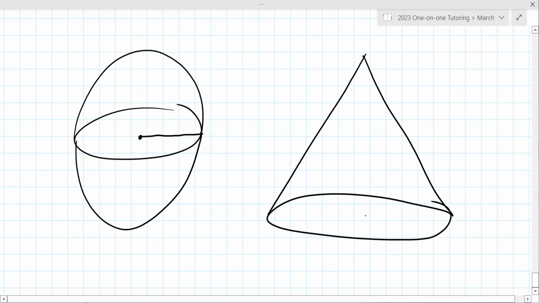We don't know the radius in either case. What is the volume of a sphere formula? V equals 4/3 pi r cubed. What's the volume of a cone? V equals 1/3 pi r squared h. Very good.